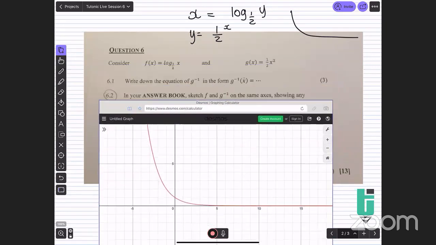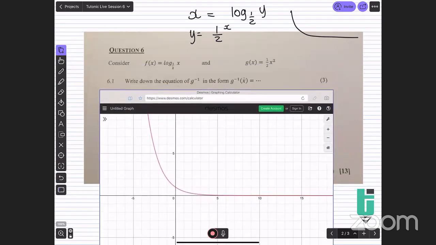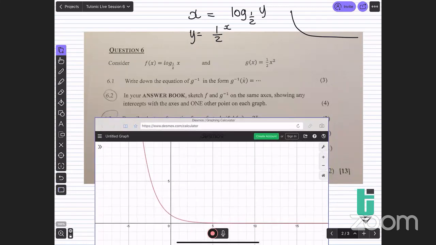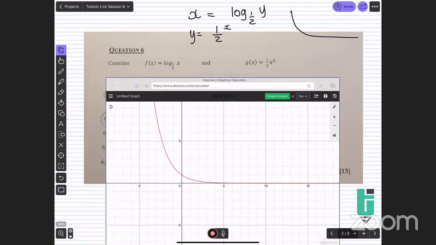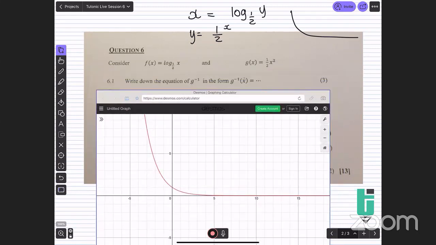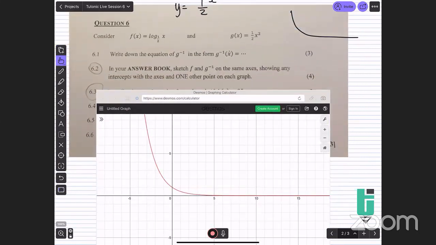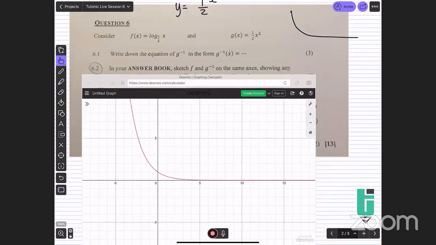Right, so therefore, actually no, Amaro, they wanted G. They didn't want F. They want the inverse of G. Do you see? Because how would you find the inverse of G? What type of graph is G?